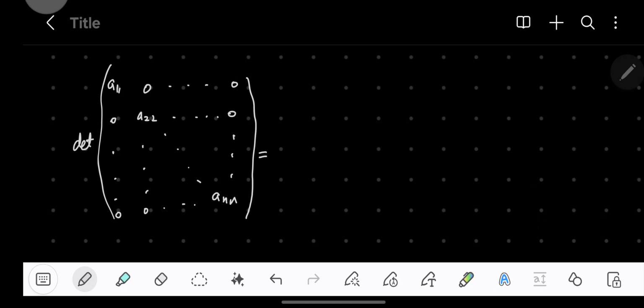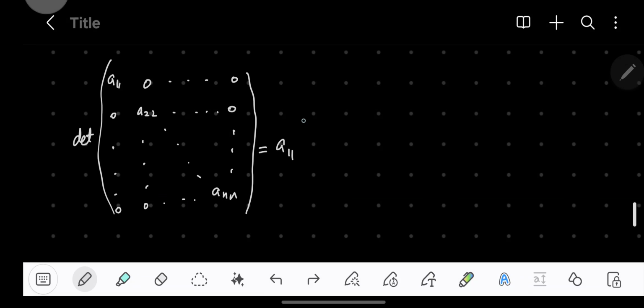First of all, we will expand the matrix along the first row. What will happen if I expand the determinant along the first row? Since in the first row I have only this non-zero entry A11, if I skip this and skip this, I will end up with the determinant of this submatrix.